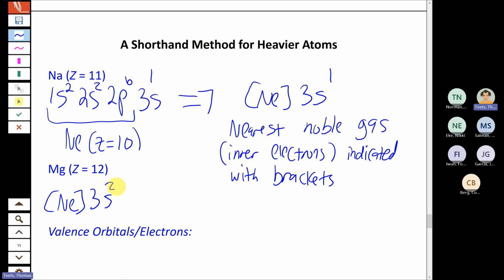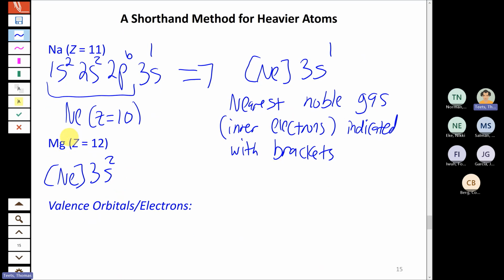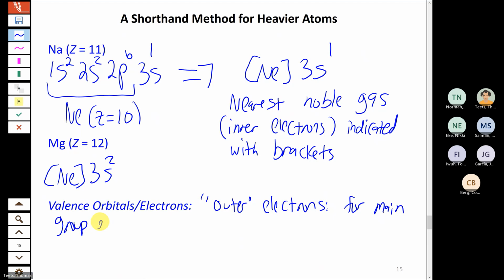All right. So what this allows us to more clearly illustrate are what are called valence orbitals or valence electrons. These are the outer electrons that come after the noble gas configuration. We're going to mainly concern ourselves with this concept for main group elements, which are those in the S and P block. So the first 2 columns or the last 6 columns, those are the ones that are the most straightforward in a lot of ways, but especially for this concept here.